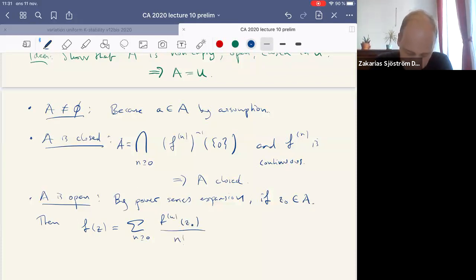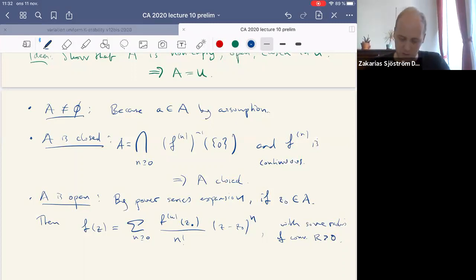And divided by n factorial, z minus z0 to the n. And there is some radius of convergence, which is positive, of course.